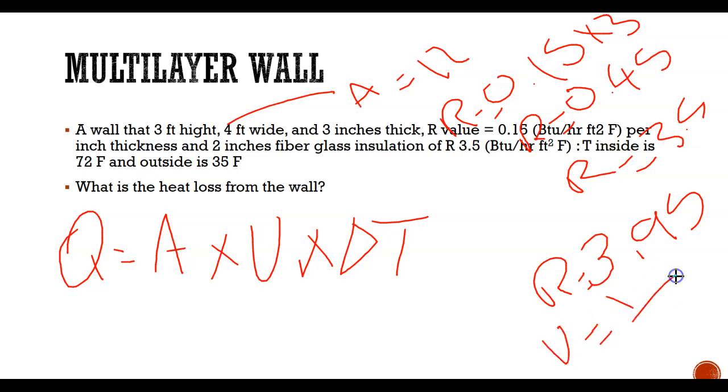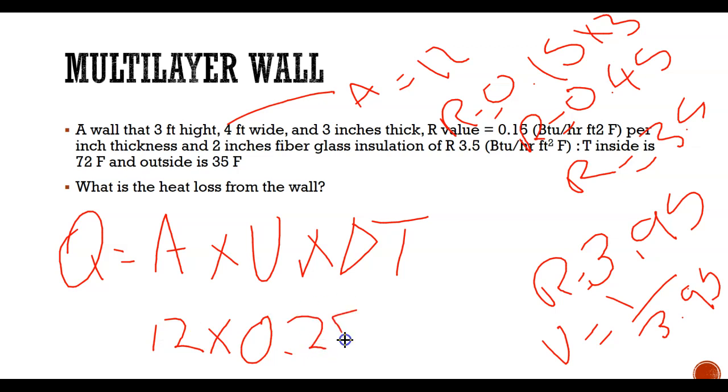U equals 1 over 3.95. So if I get the calculation here for that U, I have 12 here plus 0.25, and this is the result of 1 over 3.95.